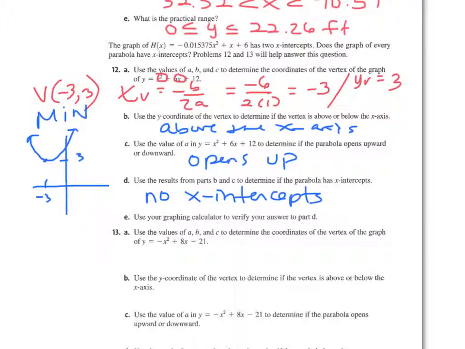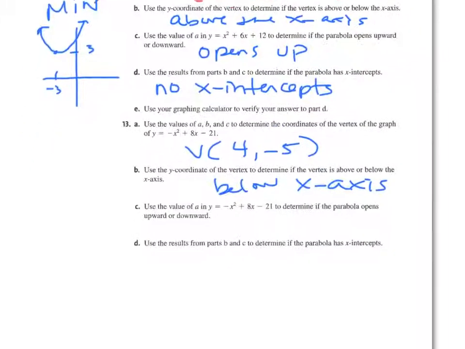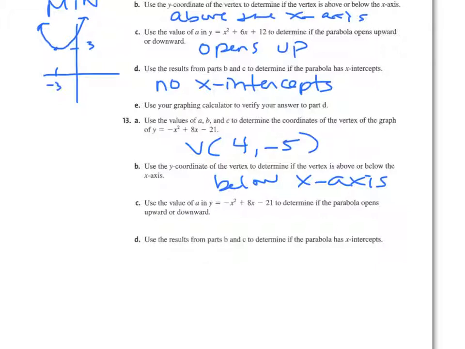So use 13 as another exercise to find your vertex. I will just put the answers here for you so that you can check them. This vertex ends up coming out to be 4 and negative 5. This one is opening down, so it is below the x-axis, and this one again has no x-intercept.